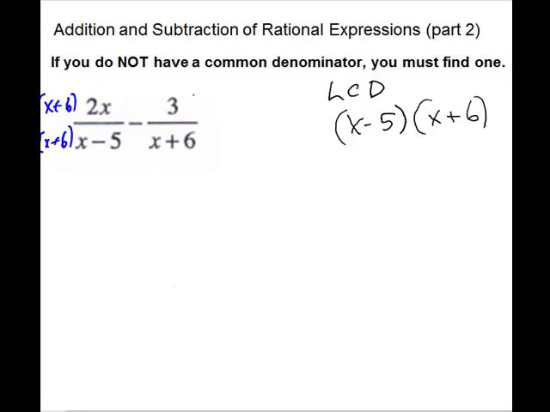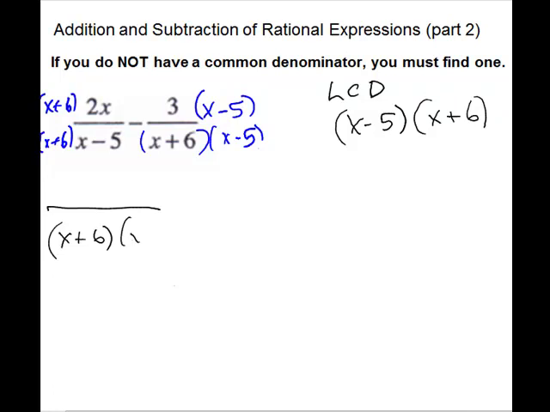The second fraction will need an x minus 5 to get that common denominator. Right? And so we will keep the denominators and multiply out the numerators so they can combine.